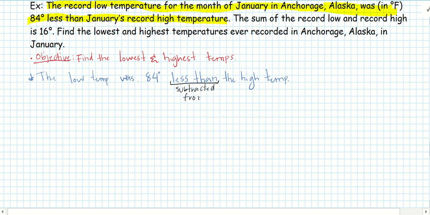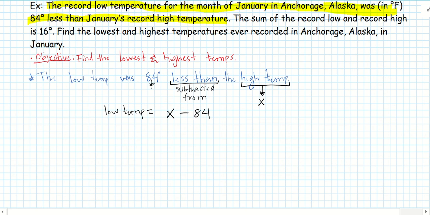Now, we can say that this is like the is, like the equal. This is just 84. High temperature, we don't know what the high temperature is. So let's say that the high temperature is going to be X. Then low temperature equals whatever the high temperature is, X, minus 84.